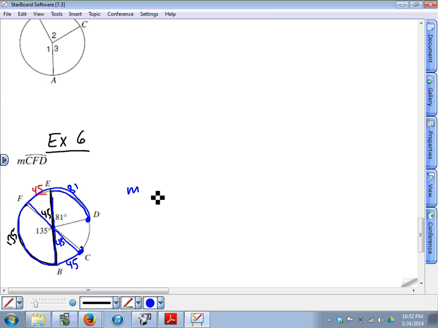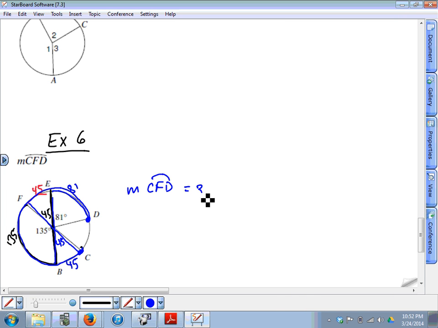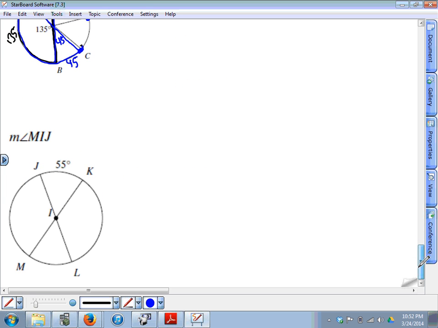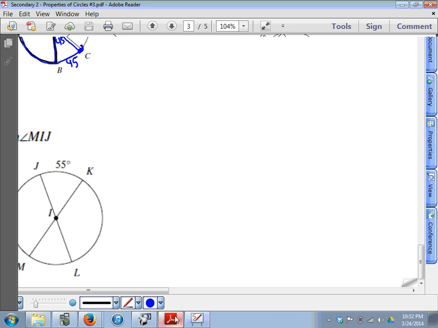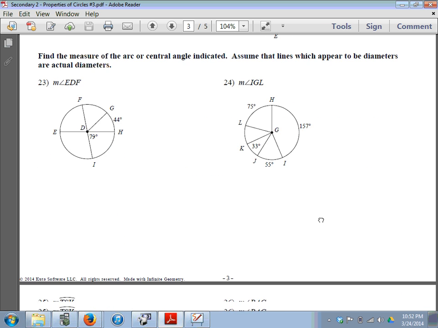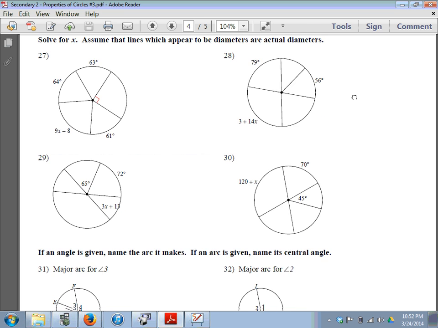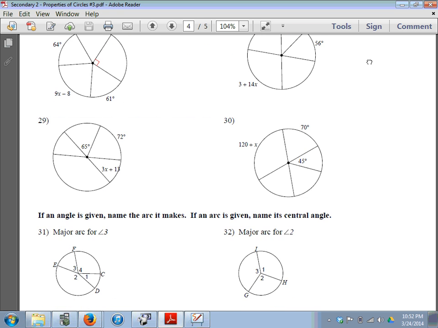So the measure of arc CFD was 306 degrees. So that's like on your worksheet, numbers 23, 24, 25, 26, actually pretty much the whole entire end of the worksheet.